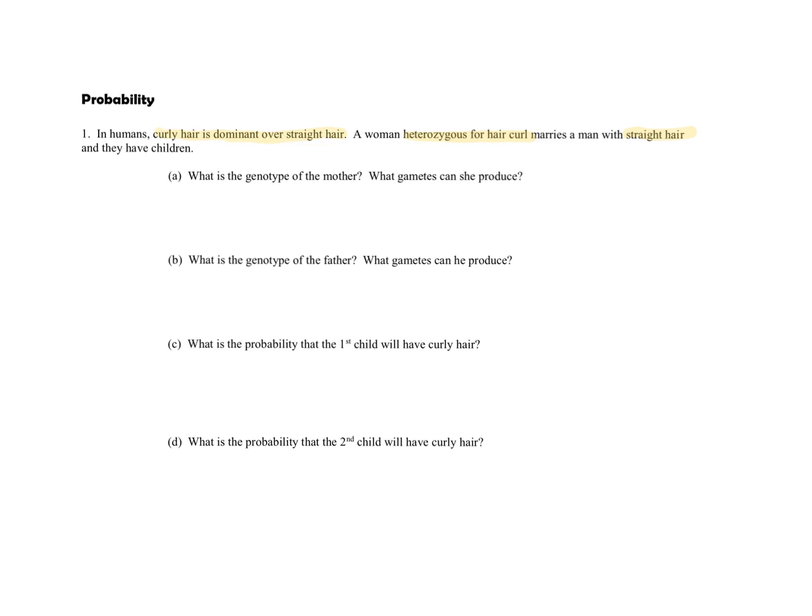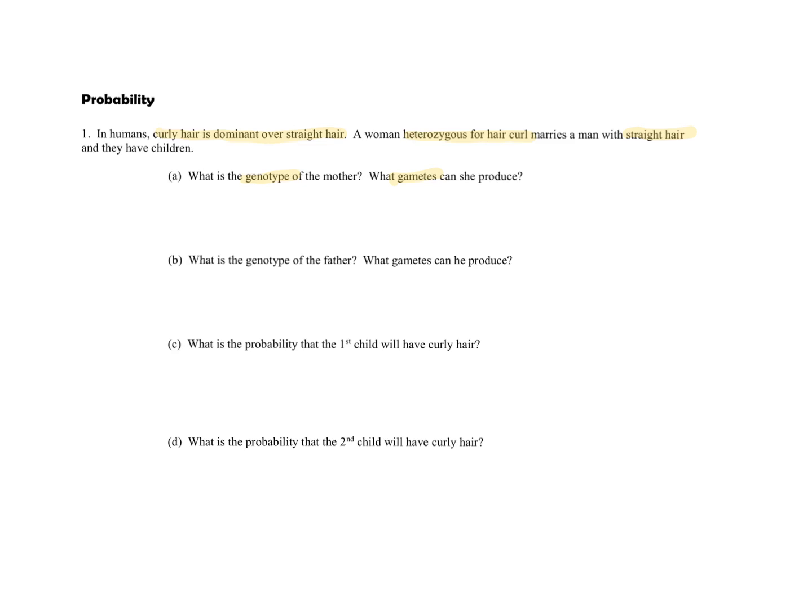So the first question here is, what is the genotype of the mother? Genotype. And what gametes does she produce? The reason I wrote genotype is I'm going to remember that genotype is like gene, which is the letters. Because it's dominant and recessive, I'm just going to use a capital and lowercase.